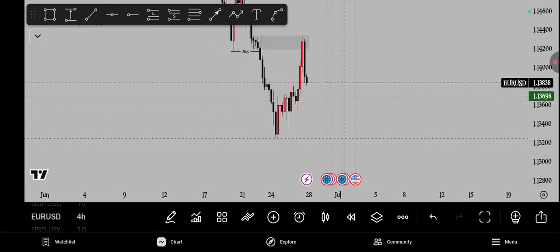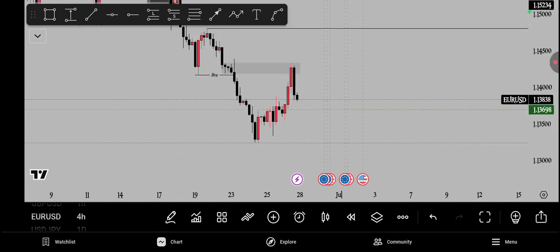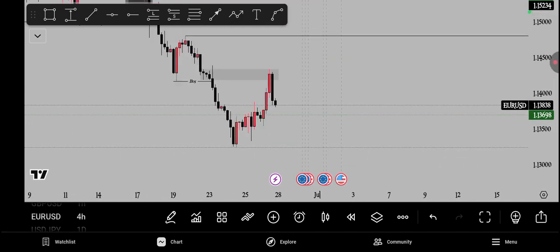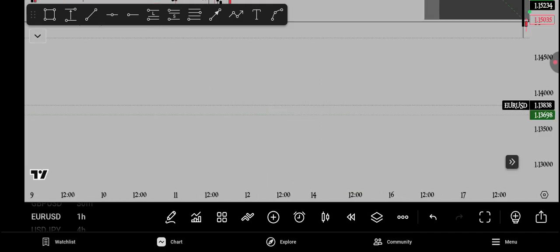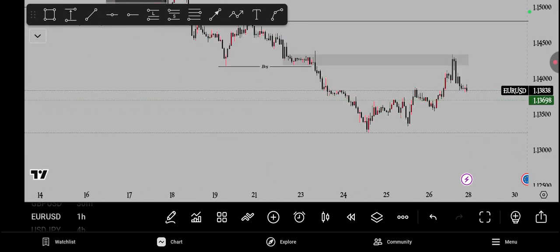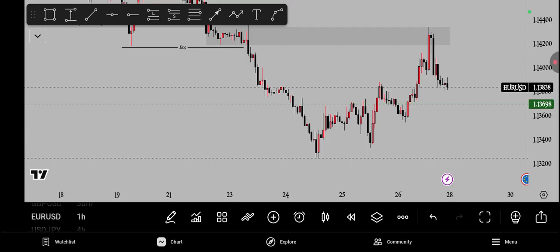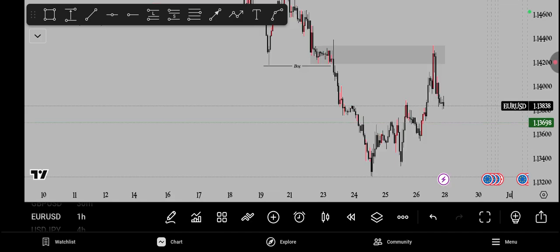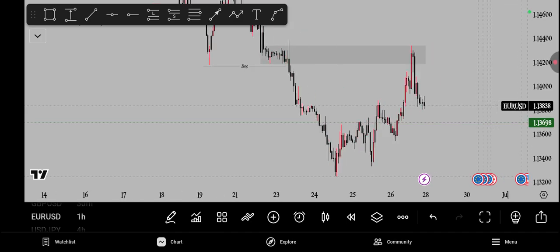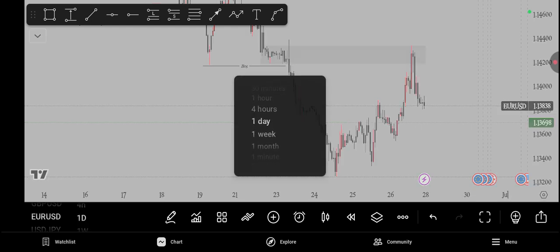Let's see. There is no form of liquidity sweep here.